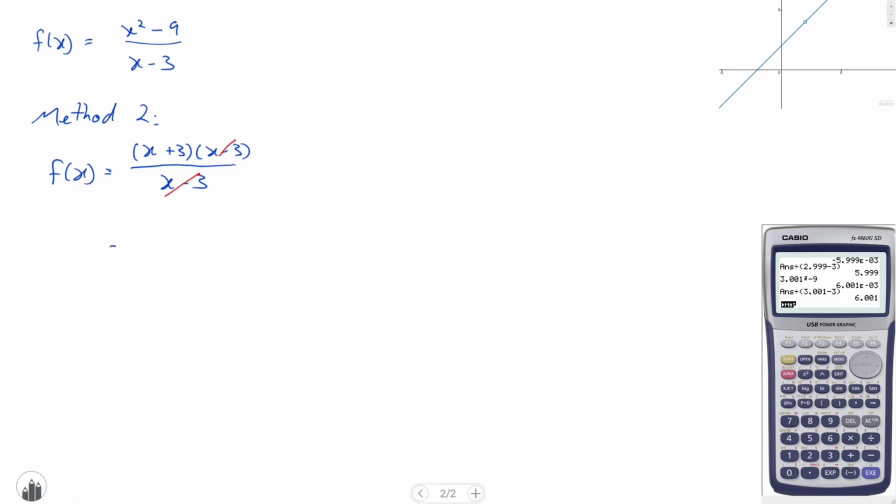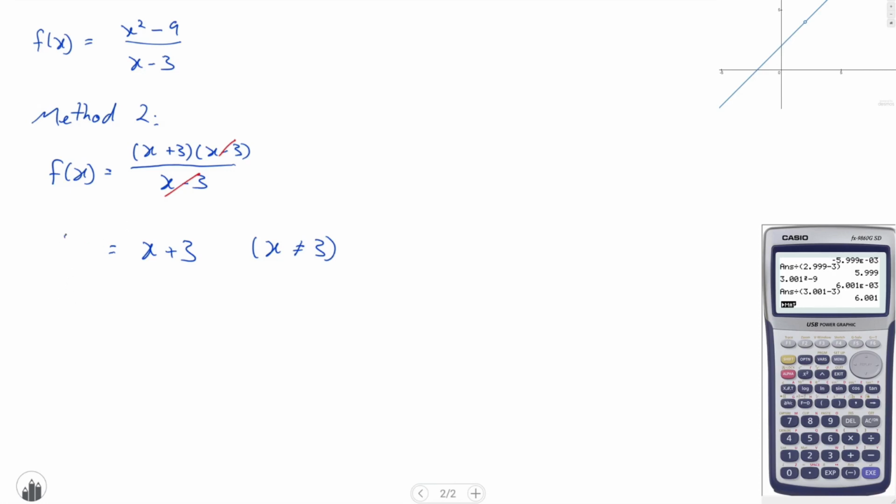You could then write this as x plus 3, like that. But you need to still keep in mind that you are excluding x equals 3. So x is not equal to 3. We just need to be a little bit careful with that, because otherwise, again, we are dividing by 0, which is obviously not allowed.